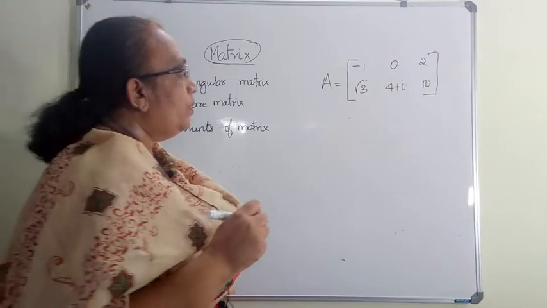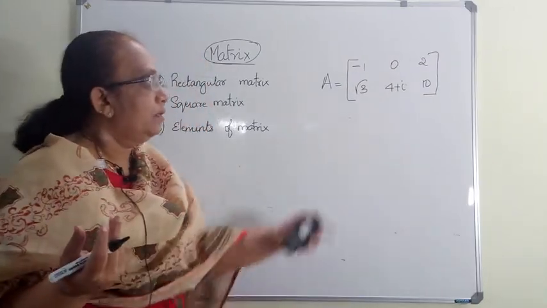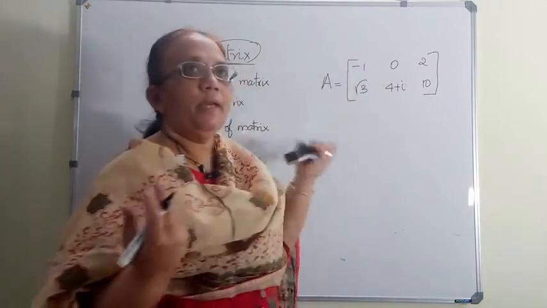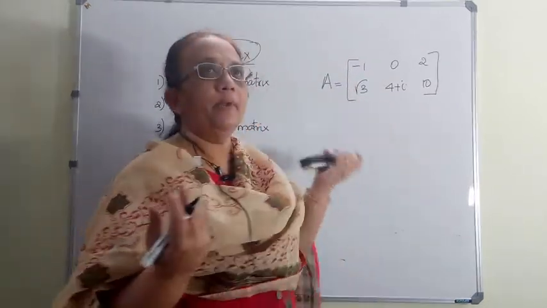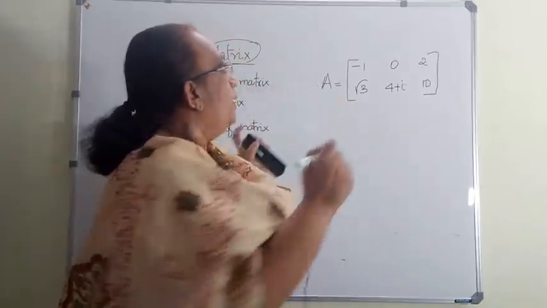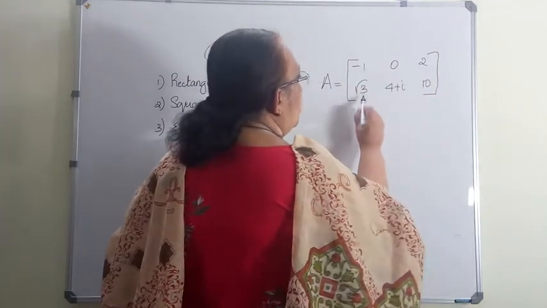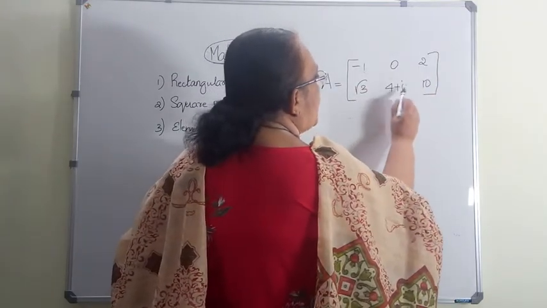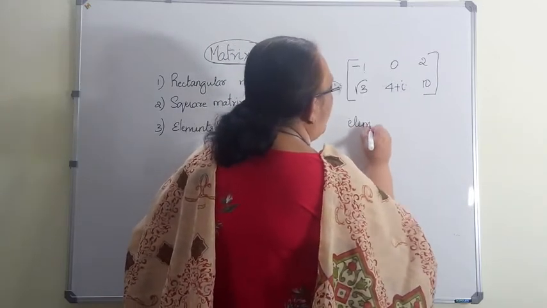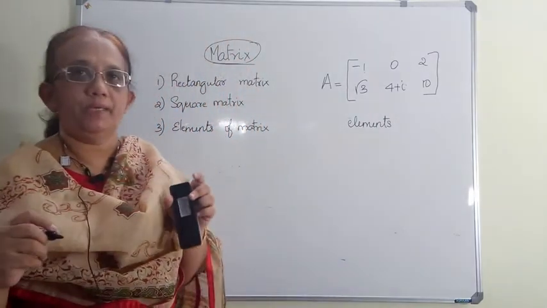Now, when you consider this example, you may be wondering why 0 is taken, a negative number has come, an irrational number has come, a complex number has come, etc. Yes, it is because -1, 0, 2, √3, 4 plus i, 10, they are called the elements of the matrix.